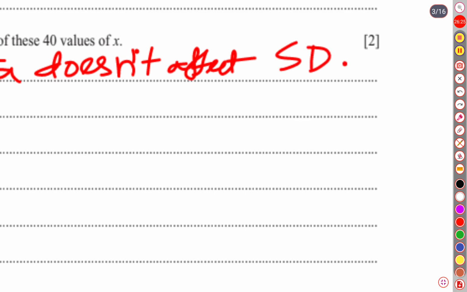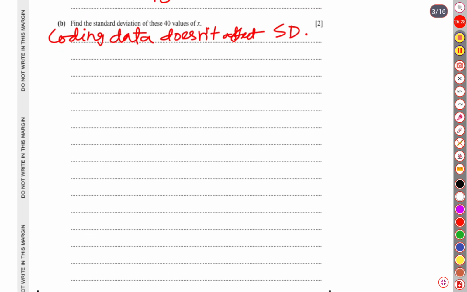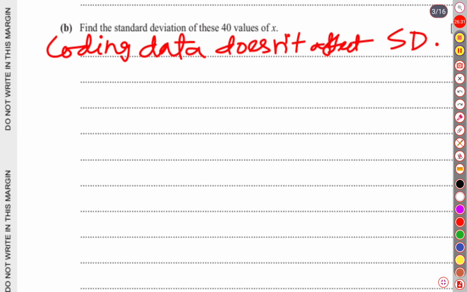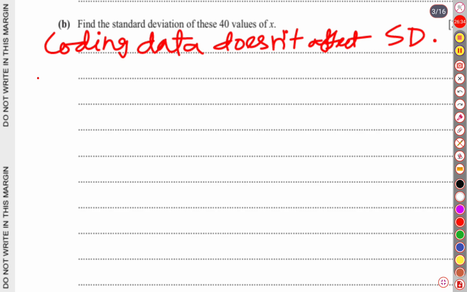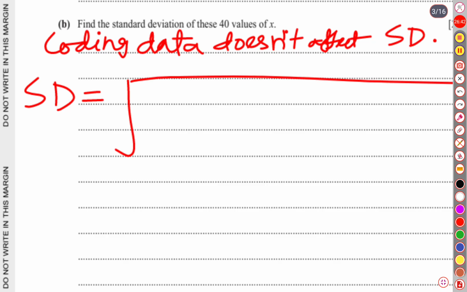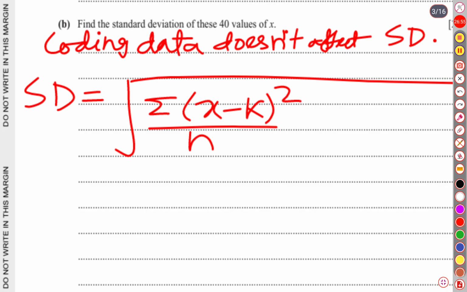So the simple formula we are going to apply for finding standard deviation is, as we did in the previous case, the square root of the sum of (x minus k) whole squared over the total number of data, minus the mean whole squared. So the mean is actually the sum of (x minus k) over 40.